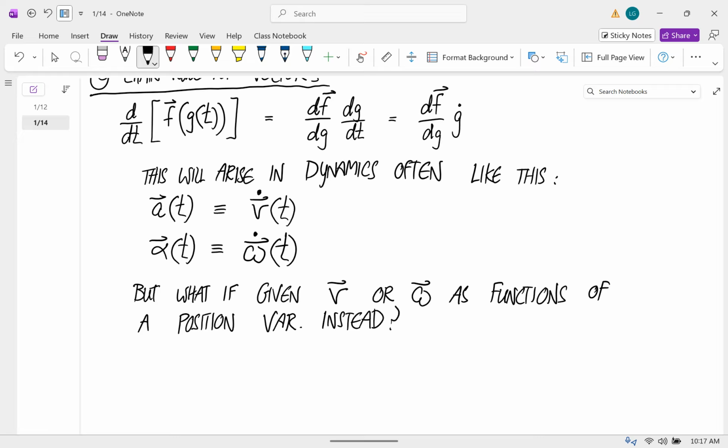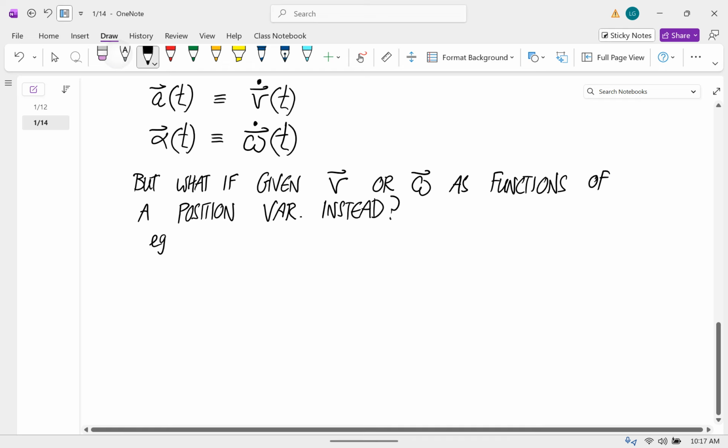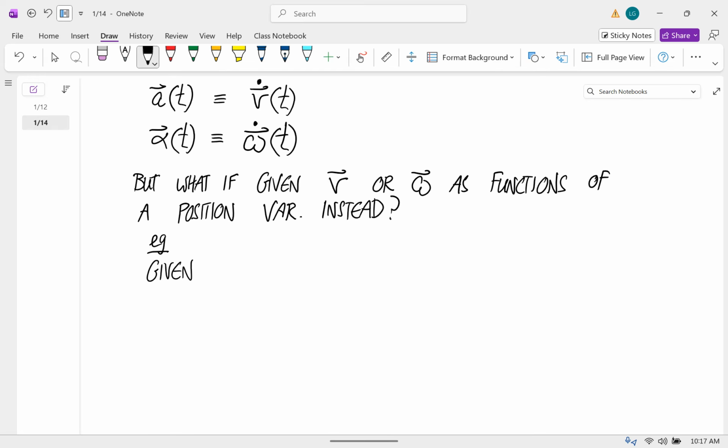So, for example, what if you know that the velocity, say you're given the velocity vector as a function of y, the height or something.